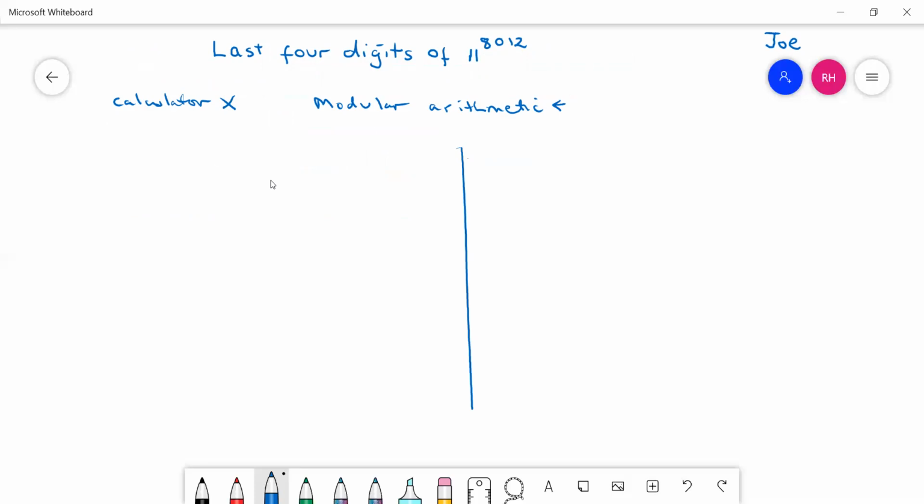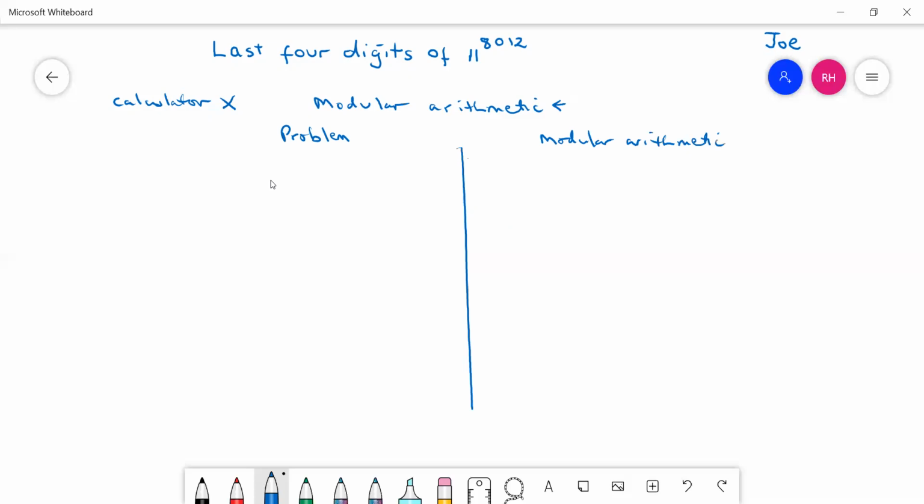So over here we've got the problem, and over here we'll put the modular arithmetic way of looking at it.